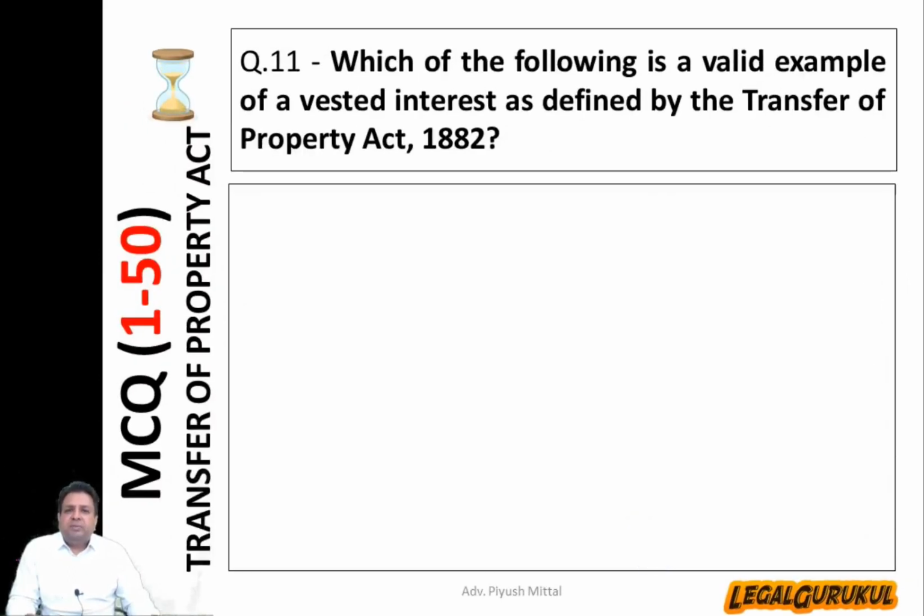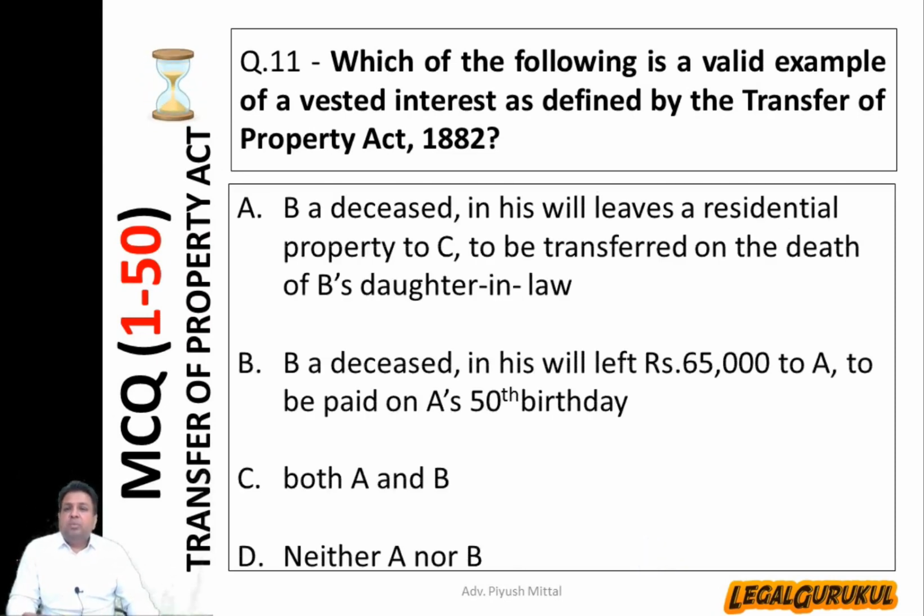Question number 11. Which of the following is a valid example of a vested interest as defined by the Transfer of Property Act 1882? Option A. B deceased in his will leaves a residential property to C to be transferred on the death of B's daughter-in-law. B. A deceased in his will left 65,000 rupees to A to be paid on A's 50th birthday.